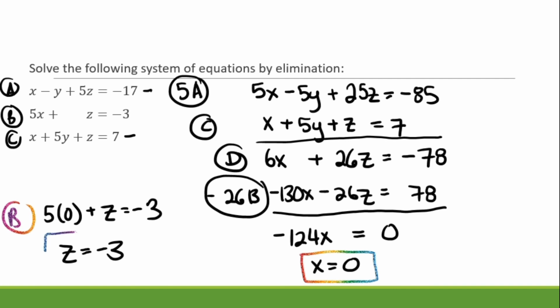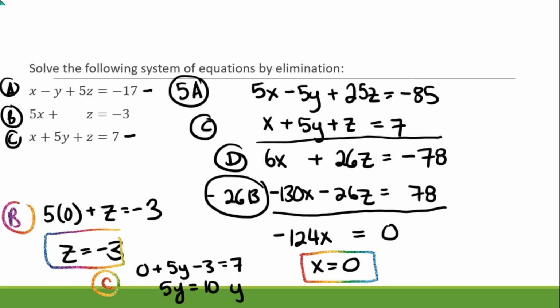Second variable. And now I'm going to go up to either A or C, pardon me, to solve for y, and I'm going to use C, once again, because it's the prettiest. 0 plus 5y minus 3 equals 7, 5y equals 10, y equals 2.